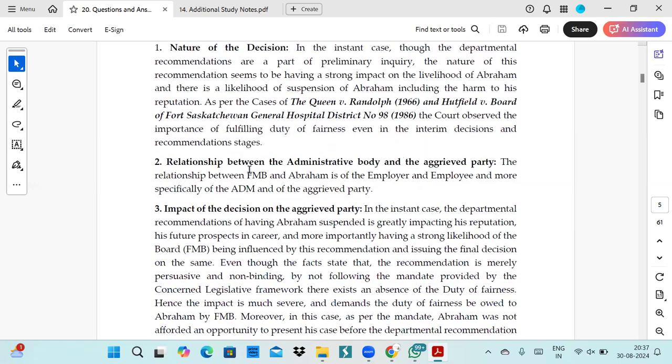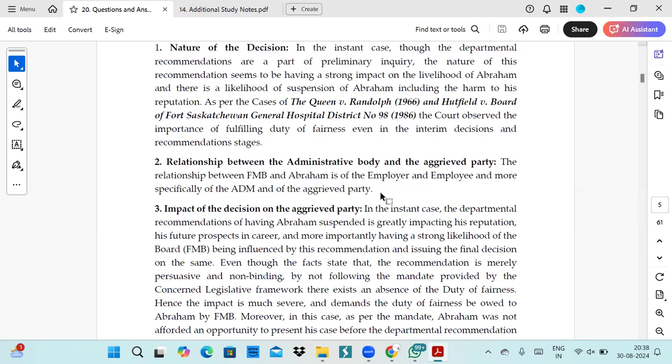Second one talks about what is a relationship. That's all. Here nothing else we have to prove. Here the relationship should be of one ADM and the aggrieved party, right? Even in the Knight's case, it was of the employer and employee, and even here it is employer and employee.